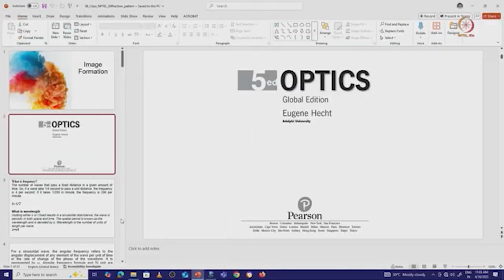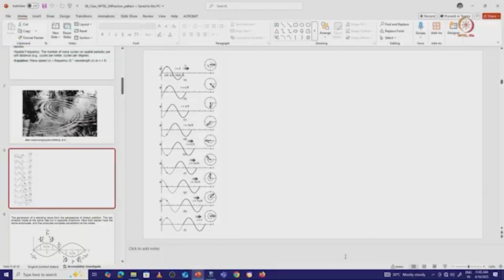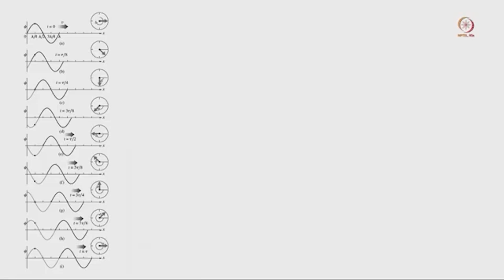I will not draw each and every diagram. Here if we come, you can see a similar kind of pattern. This one I already showed you: when t equals 0, there is no phase change, you can see it is at the 0 position.